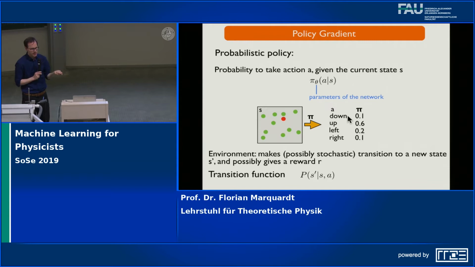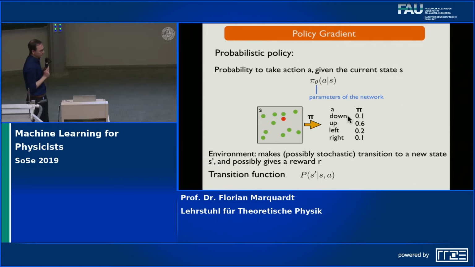Also, maybe the state that you observe changes, or the overall state of the environment changes in the sense that if you pick up one of these boxes, then it vanishes from the board. And then there could be other things that happen even without you doing anything. There could be other players, for example, moving around probabilistically or something like this. So many things can happen in the environment.